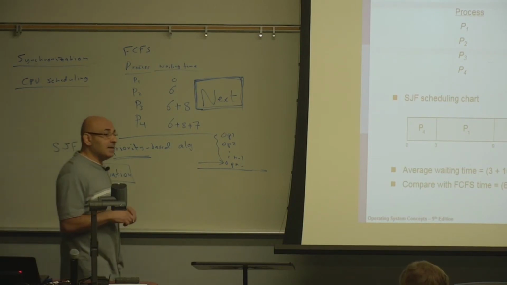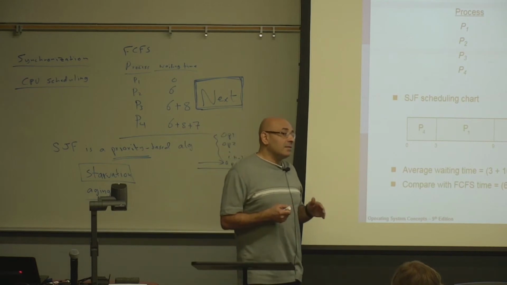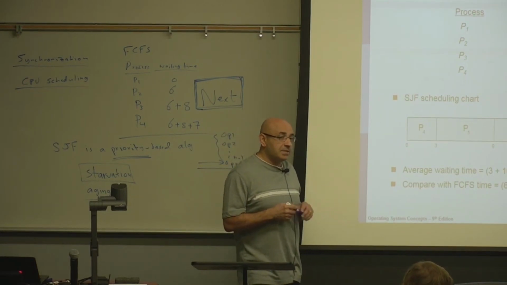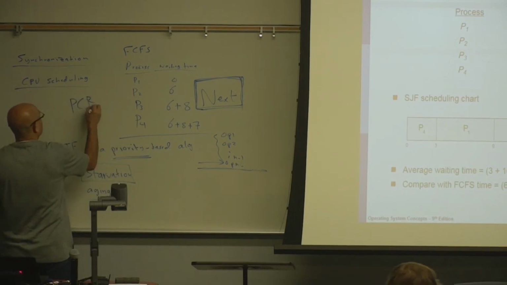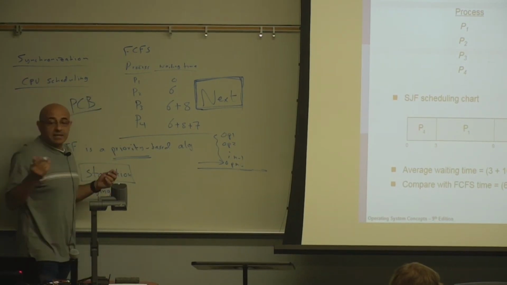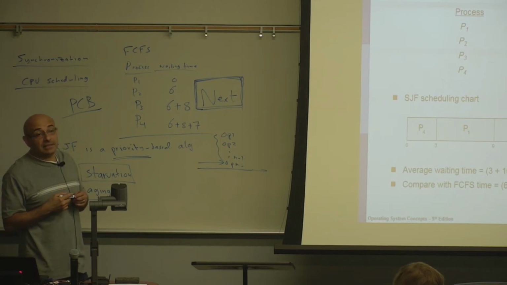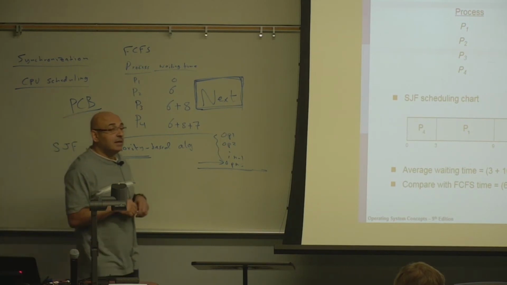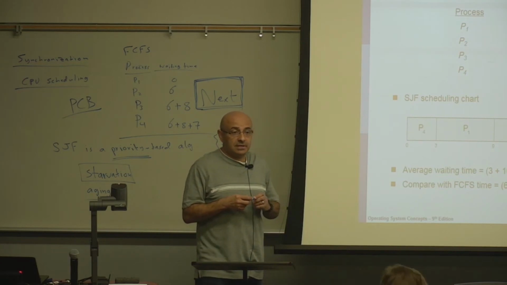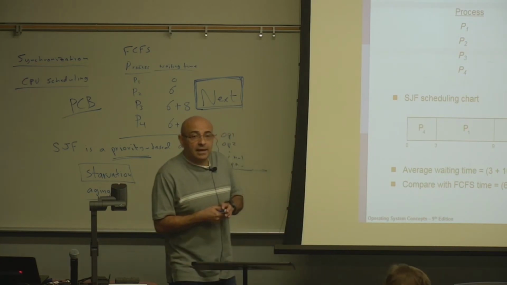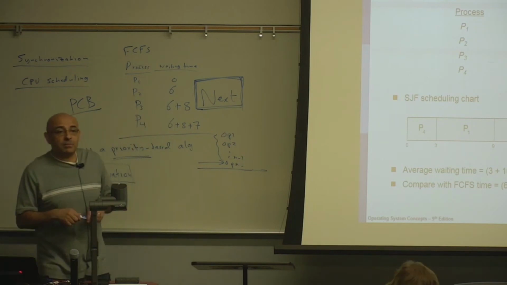The system can easily store the length of the last CPU burst in the process control block. It can save the length of the last CPU burst, or even the last 2 or 3 or 4 or 10 CPU bursts. It can store that and predict the future behavior based on it.